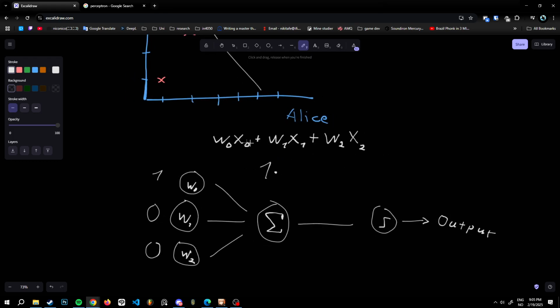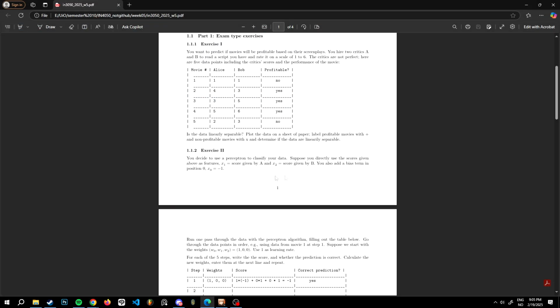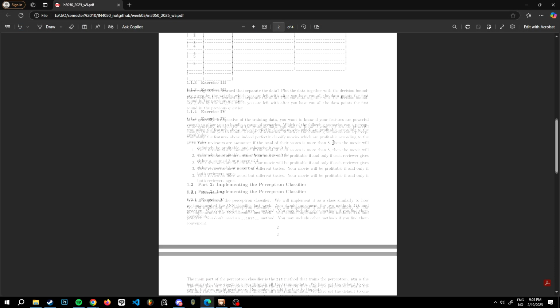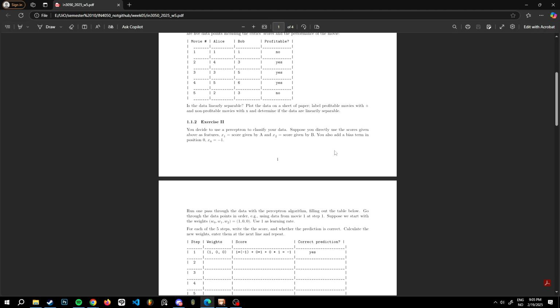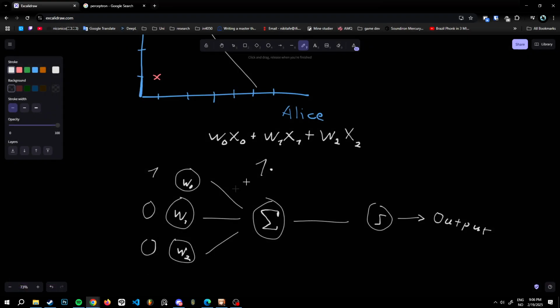And in our scenario, you might be wondering, well, what is the 0, right? 0 is the bias. You can also add a bias term in position 0. So x0 will be -1. So in this case, as they say, our weight 0 will be multiplied by -1 because that's our bias.